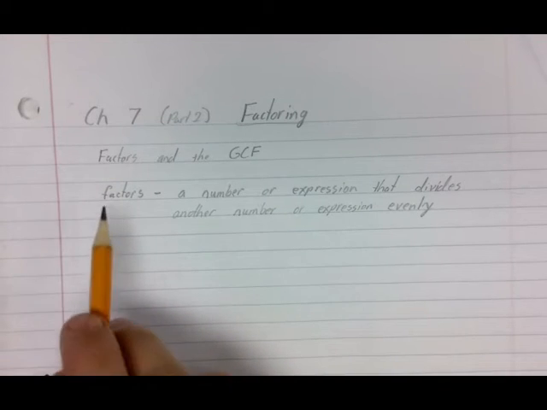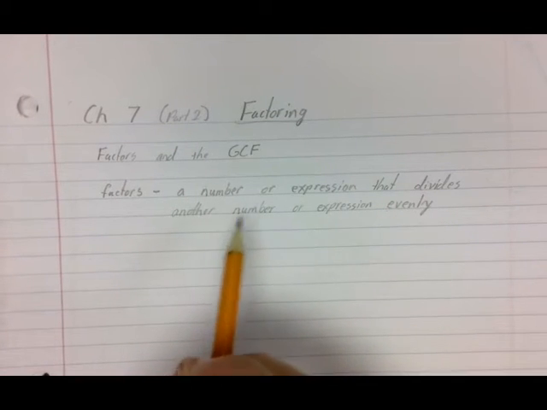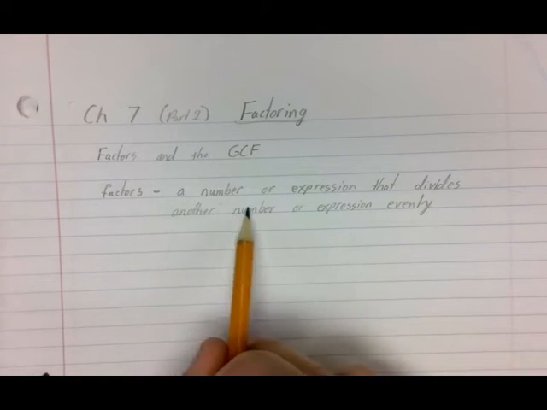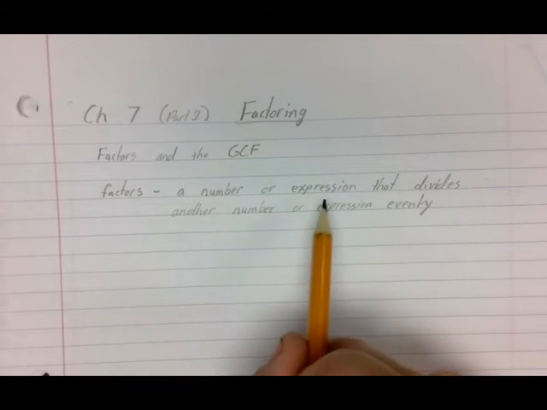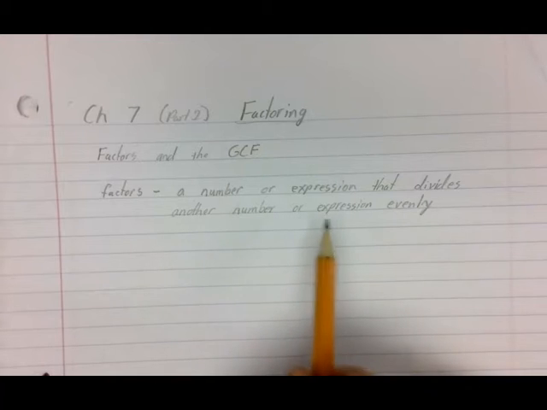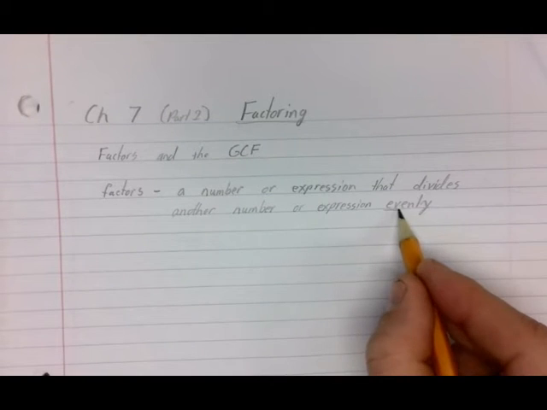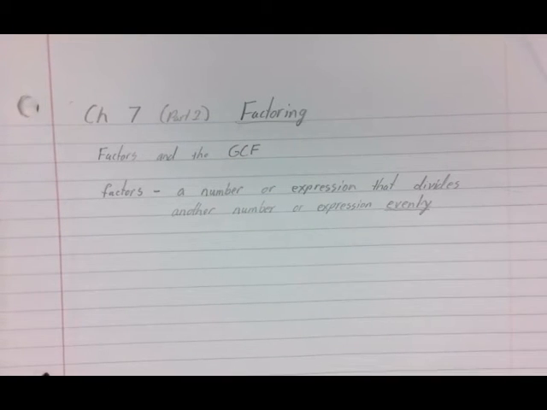Okay, so the first thing here, factors. A factor is a number or expression. So this is what you guys have done before. We're going to be adding in expressions that divides another number or expression evenly. Okay, keyword there, evenly. And factors are usually smaller pieces.